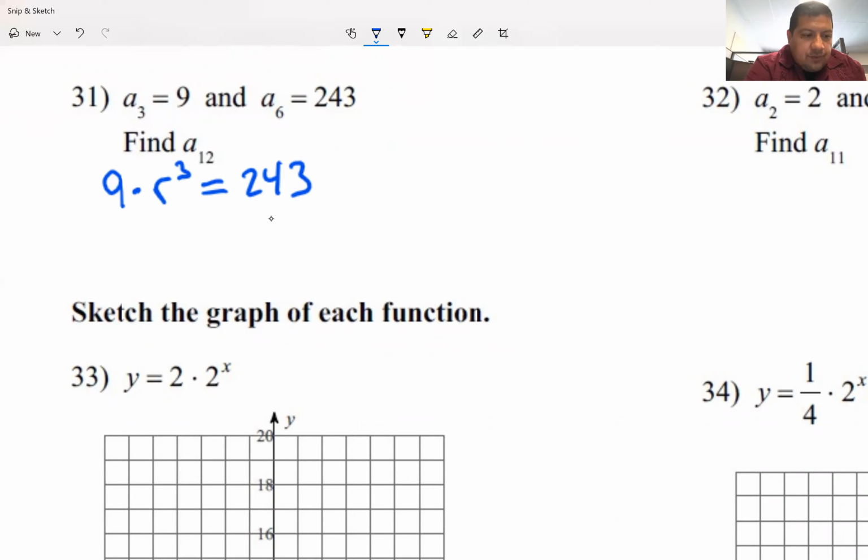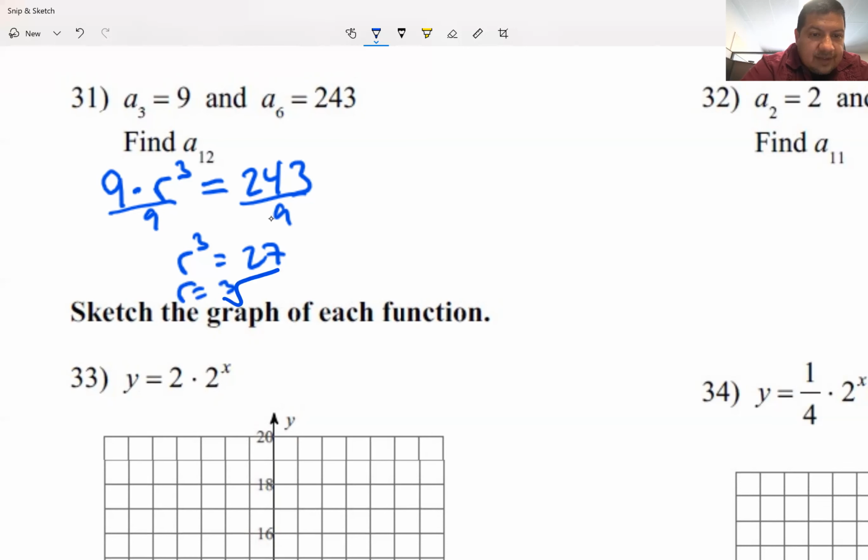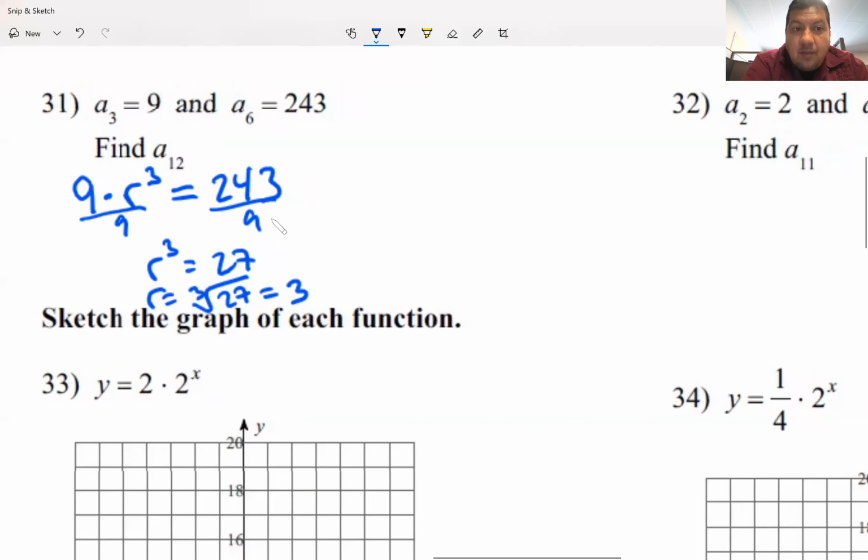I know 243 divided by 9, because I have to divide both sides by 9, r to the third is 27. So I know that r, our ratio, is the cube root of 27, which is 3. Nice. So I found the ratio. The ratio was 3. Now I'm going to use it.